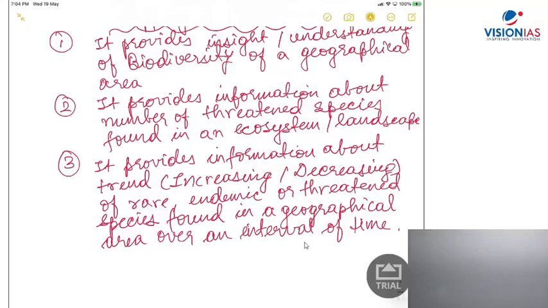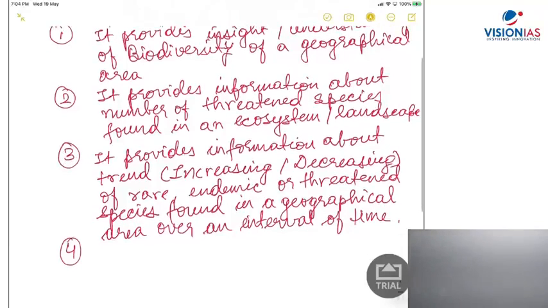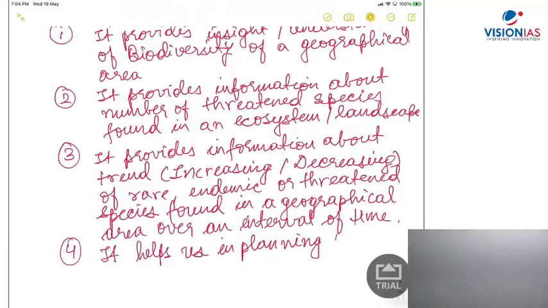Fourth, what can you write? It also helps us in planning conservation strategies.